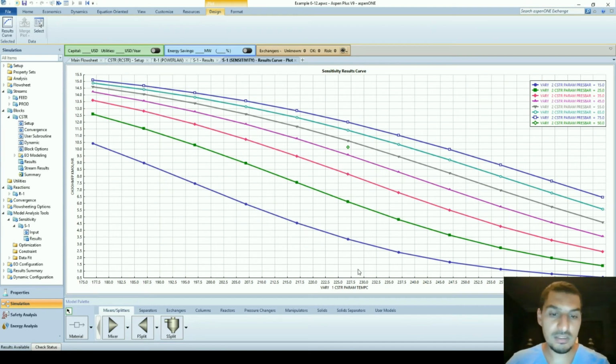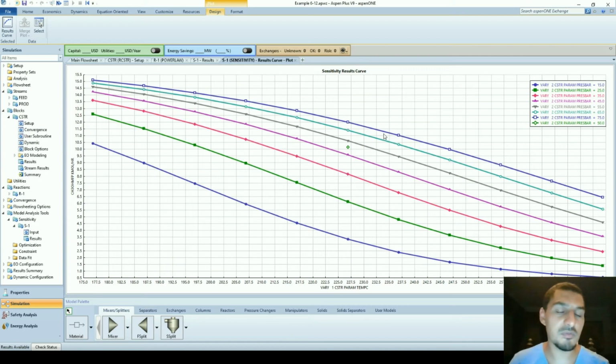So as I mentioned, the x-axis is going to be variable one, which is the temperature. Then the second is the parametric variable, which is each one of these lines. As you see here, the variable 2, the CSTR pressure, 15, so this is 15, 25, 35, 45, 55, 65, and 75.